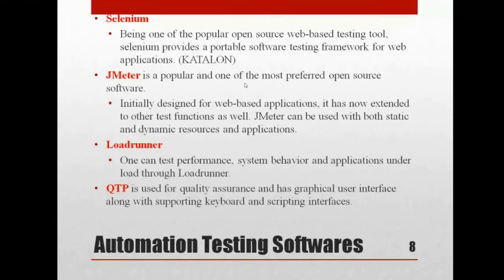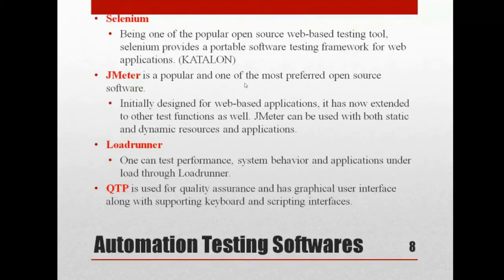Very easy to implement, within 1 hour. If you implement the Selenium testing scripting in 1 week, with the help of Katalon we can implement it in 2 or 3 days, maybe even 1 day. Very easy to implement. So Selenium is a good open source software for web-based testing.